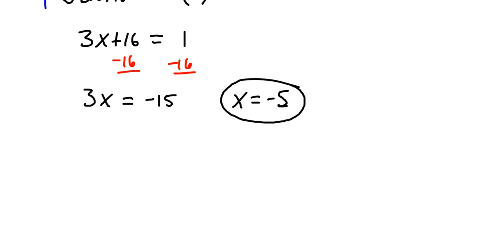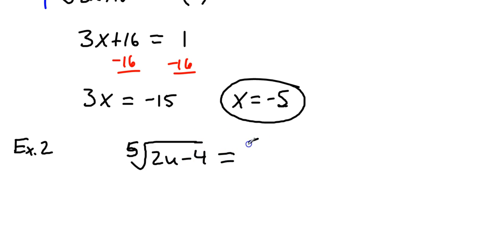Okay. And all the other type 2 problems are basically taking the exact same problems that you had before and just tweaking them a little bit. It may be that you're going to have, let's do the fifth root of 2u minus 4 equals the fifth root of u plus 7.